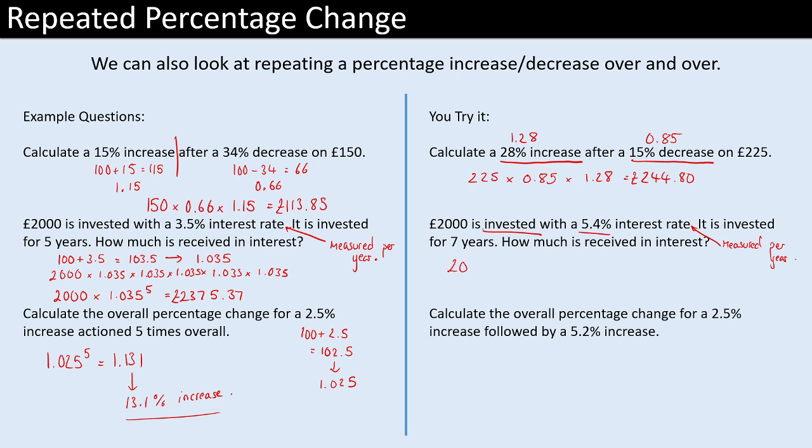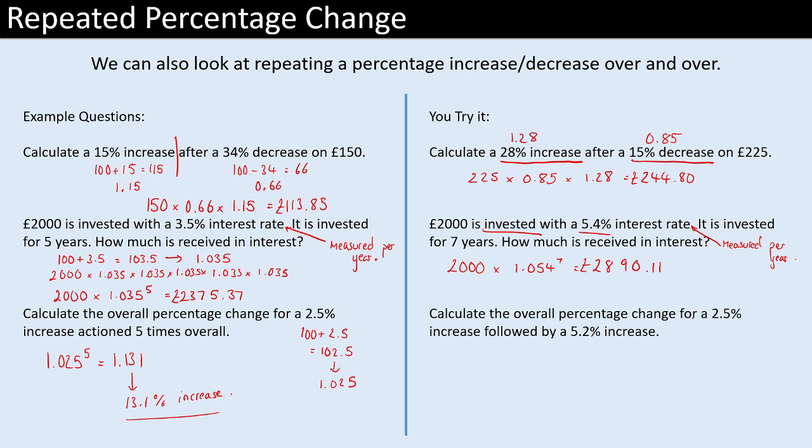So we're going to do 2,000, and I'm going to just jump straight to the shorthand for this one. It's going to be 1.054 to the power of 7. So 2,000 times 1.054 to the power of 7, which is 2890.11. And I've rounded that up at the very end because money should only have 2 decimal places.